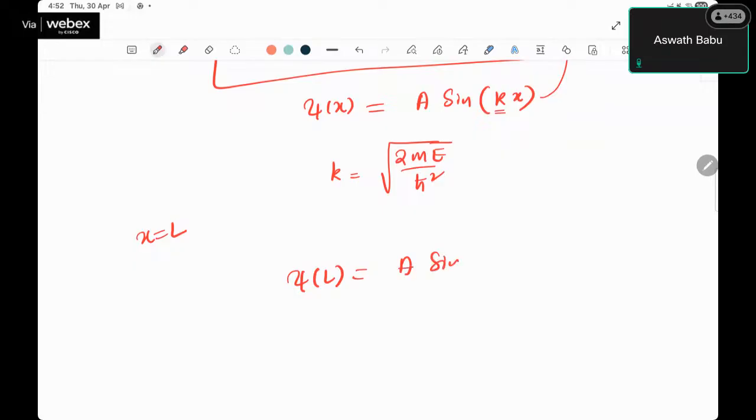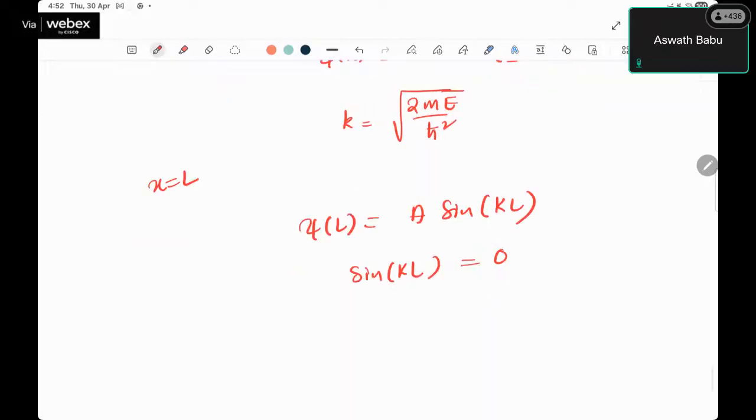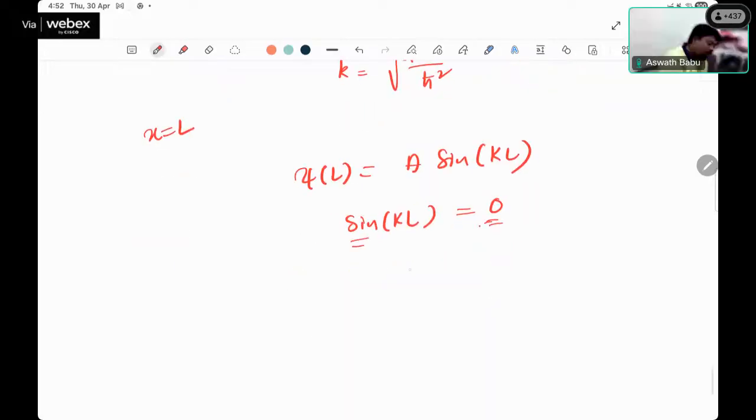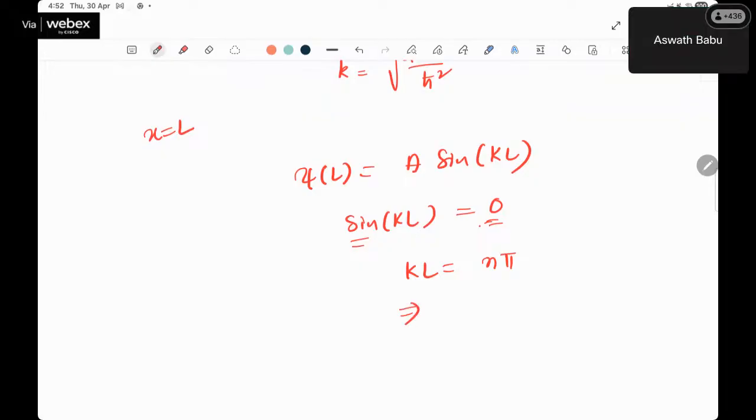When I have x equal to L, this becomes sine of kL. This can go to 0 whenever sine kL is equal to 0, which is when kL is equal to n pi. Which implies k is n pi by L. So how many such k's can exist? n is an integer, so many n's can satisfy such propagation vectors.